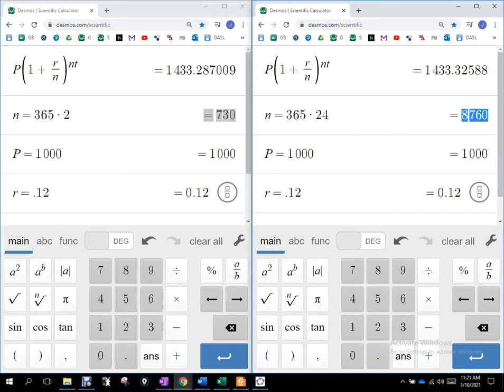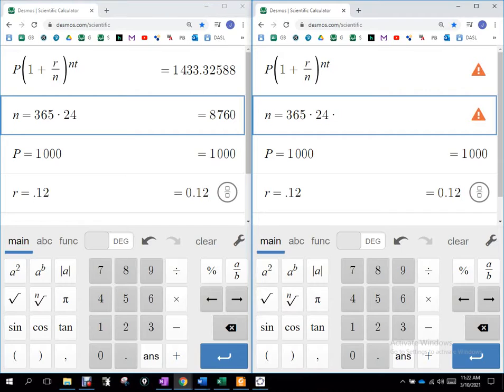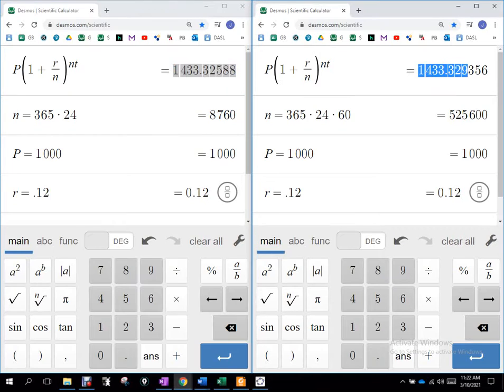Does that make sense? What if I compounded it every minute? So if this was 365 times 24, what would I need to multiply this by to go every minute? Because that's compounding every hour. So multiply by 60, and it would tell me to compound every minute. Is there much of a difference between that number right there and that number right there?